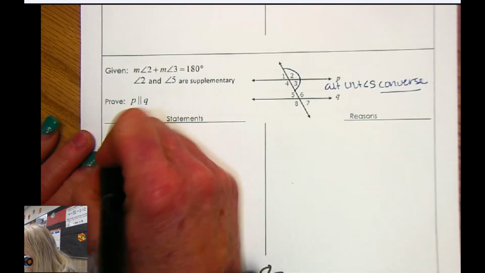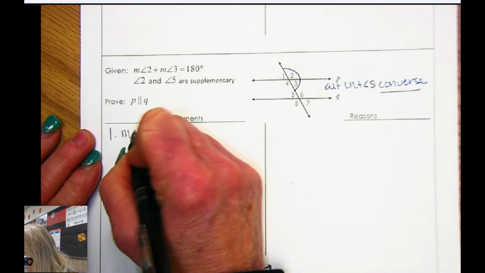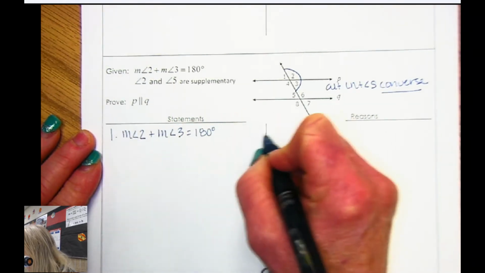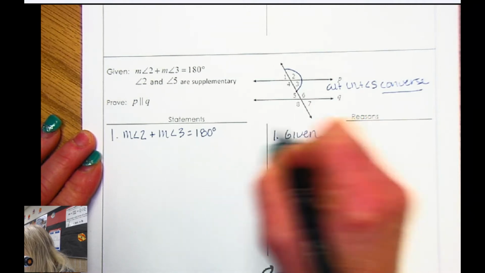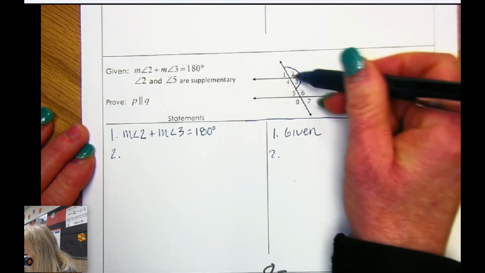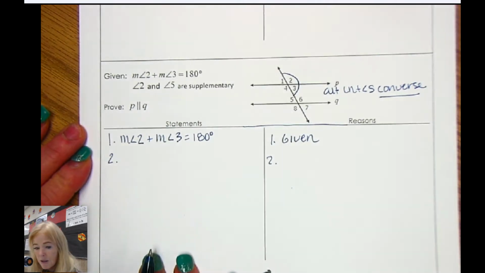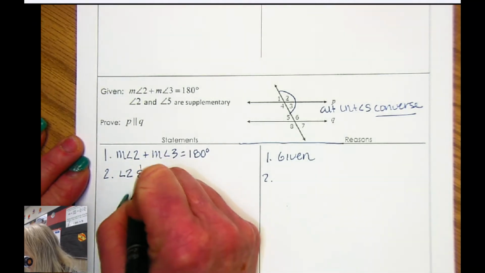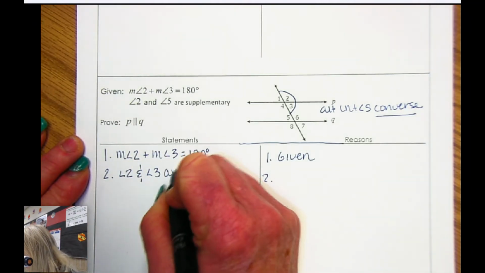So we're going to state first that the measure of angle 2 plus the measure of angle 3 is 180 degrees, which is, of course, given. All right. And then from that, we state that because their sum is 180, then we know for sure that angles 2 and 3 are supplementary.